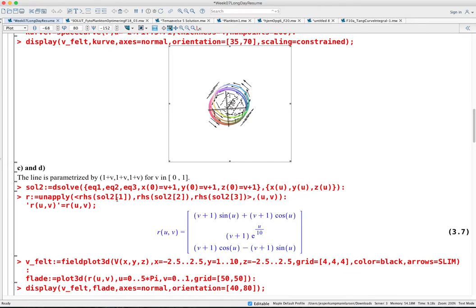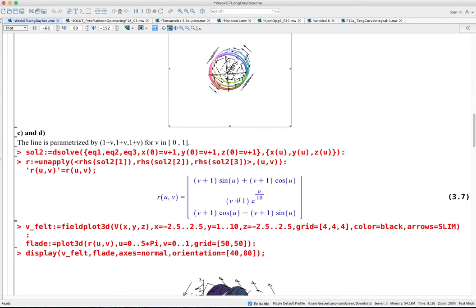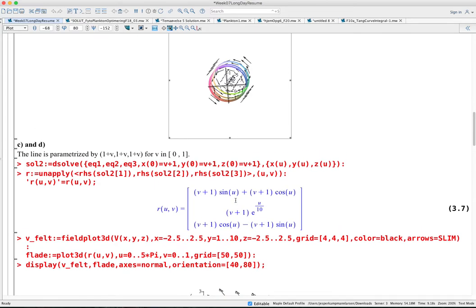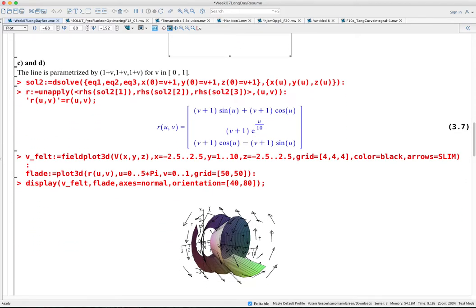Now you want to make it into a function, so you use the unapply command with respect to your two parameters u and v, and then you get this parametric representation of the surface that results when this line segment follows the flow lines.